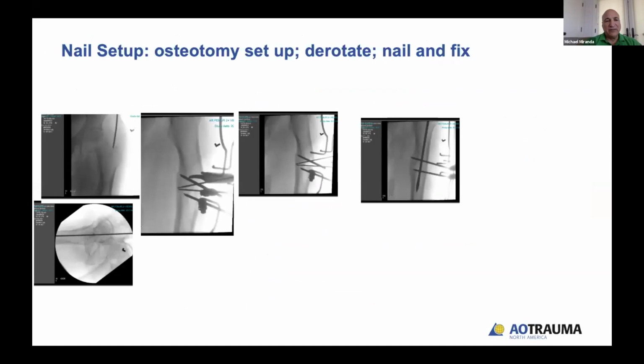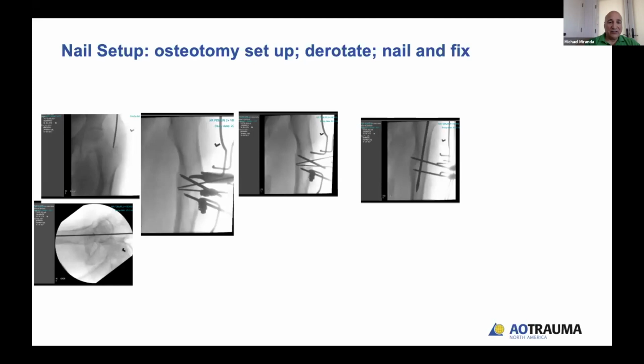And you can see here fairly quickly, we'll go through. So essentially we start the nail, get everything all set there, get your osteotomy all set. For some of these osteotomies, a very convenient way to do it is to take the small X-Fix set, the one that's for the hand and wrist, use 4 Schanz pins from there, put those in, and then set the angle that I want to correct.